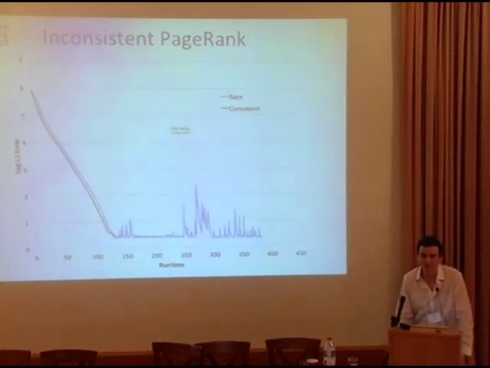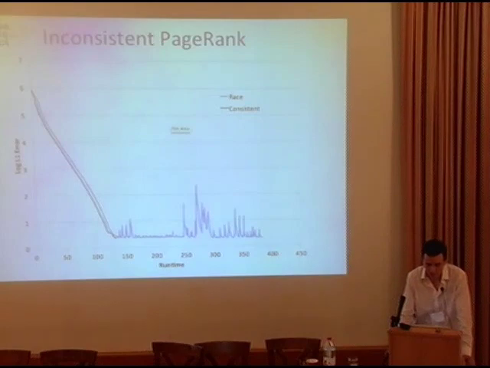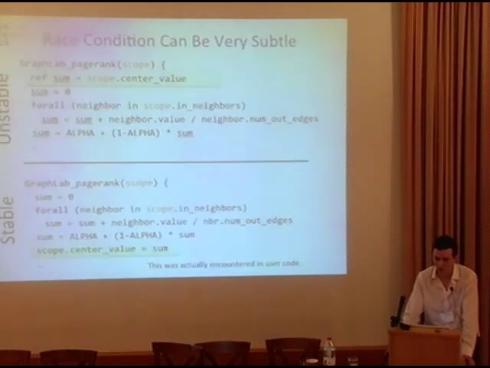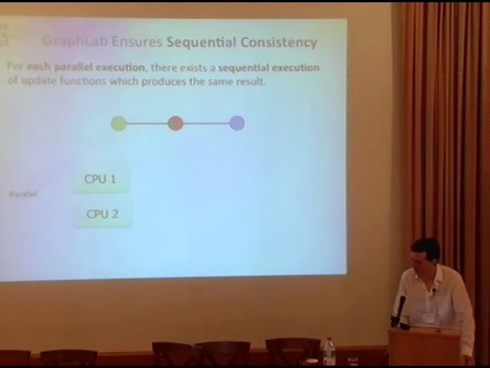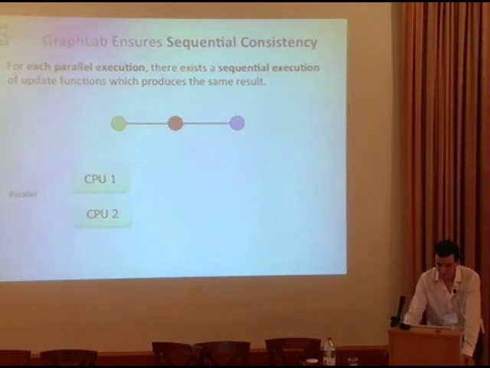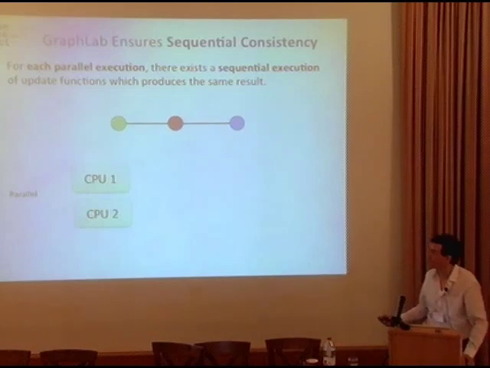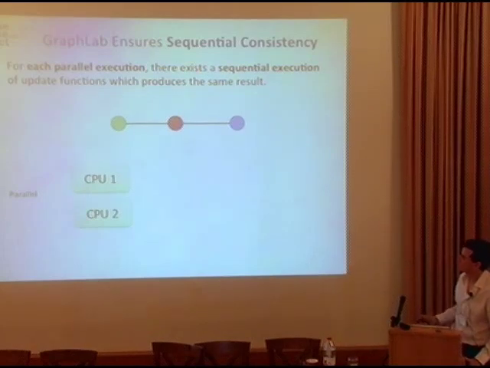And that's why guaranteeing consistency can be a very important thing, even in simple algorithms like PageRank, which you can think about as being very stable and very robust. So the way that you measure consistency, or think about consistency, is by thinking about what's called sequential consistency.